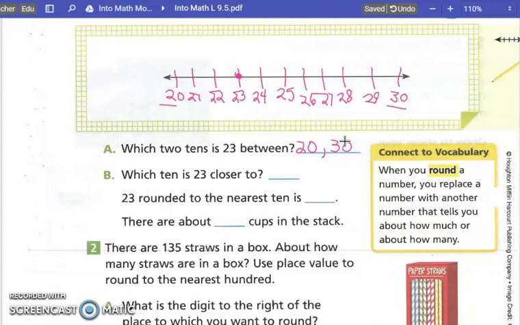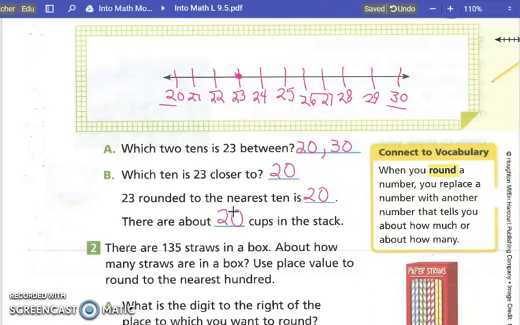Which 10 is closer to 23? Closer to 20. So 23 rounded to the nearest 10 is 20. So there are about 20 cups to stack.